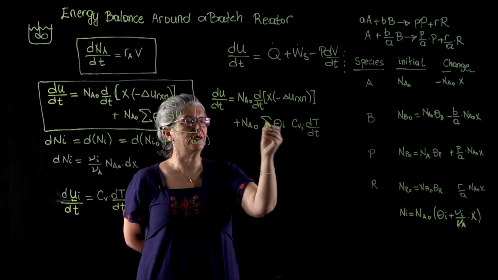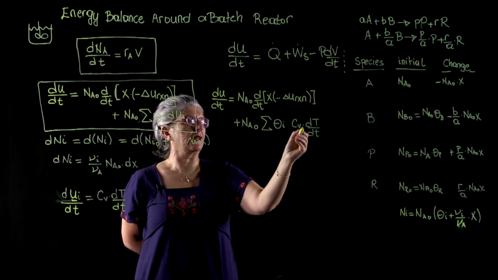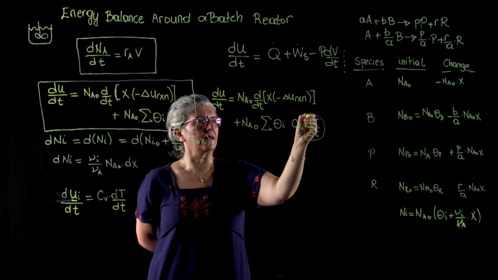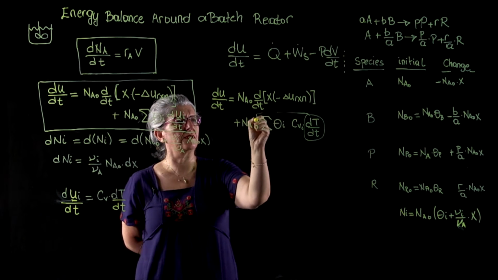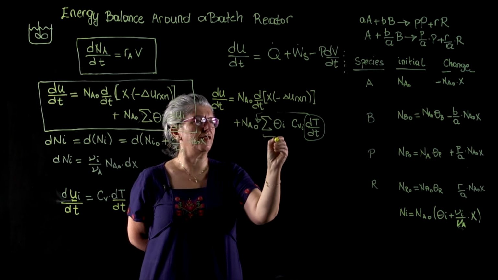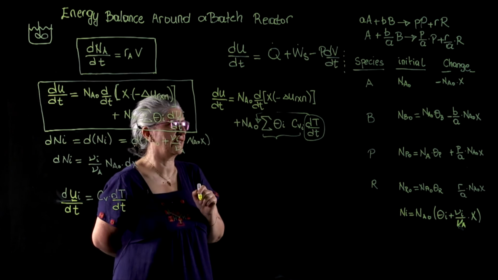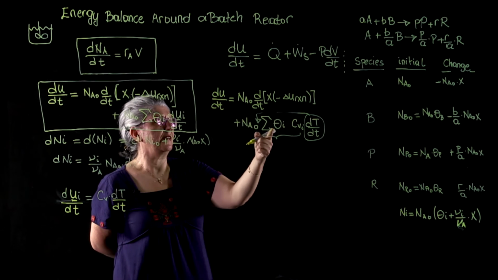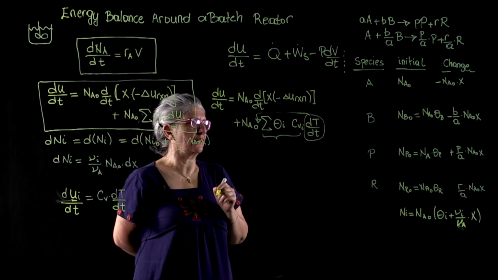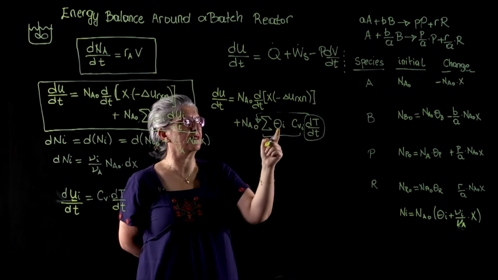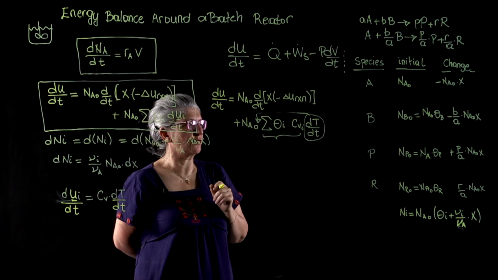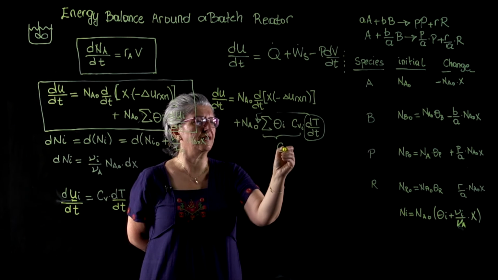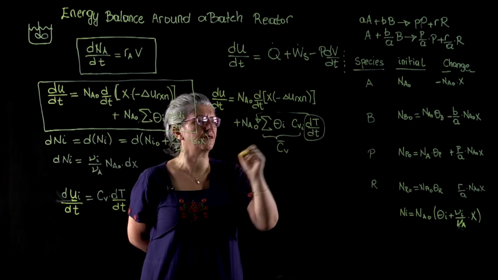Now this term can be taken out here. It is common for all the species, and we are left with a term called theta I Cvi. So theta I is the feed stoichiometric ratio, Cvi is the constant volume heat capacity of species I. This is going to be the average heat capacity of the feed.